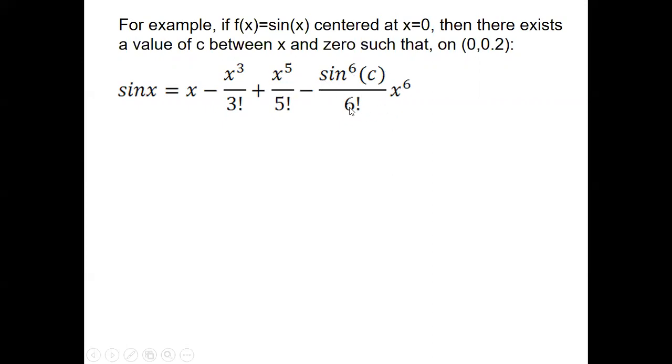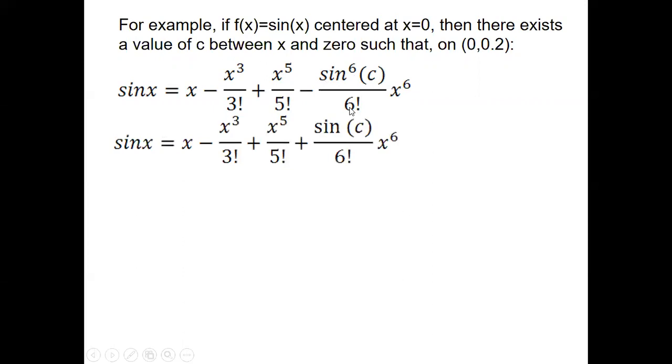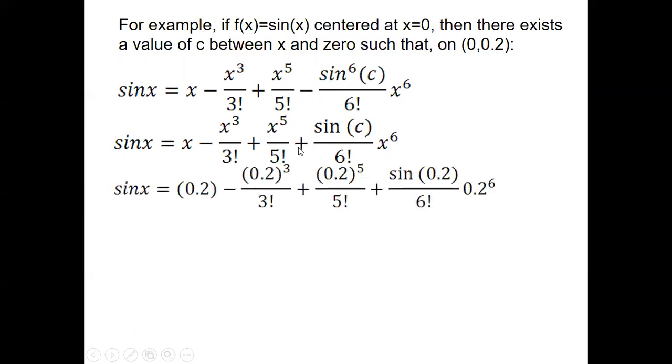This represents that next term in the series, which is going to be the 6th derivative at c. The 6th derivative of sine is negative sine. I've already got a subtraction here, so the negative of negative sine is why it turns into a plus.